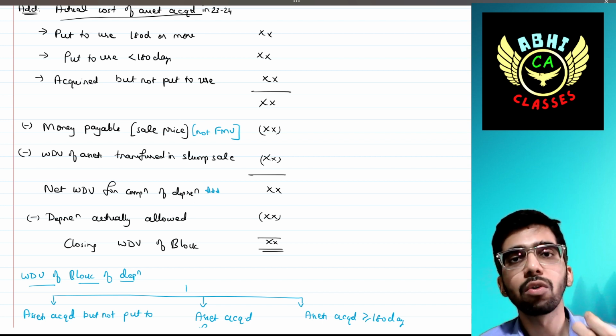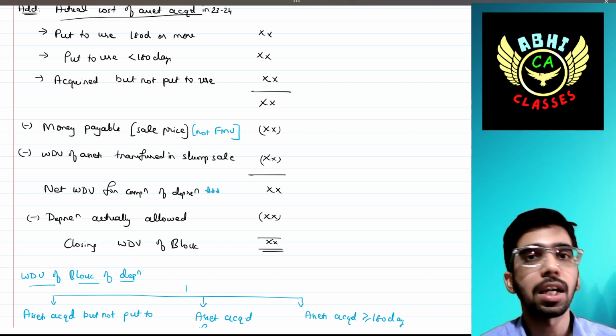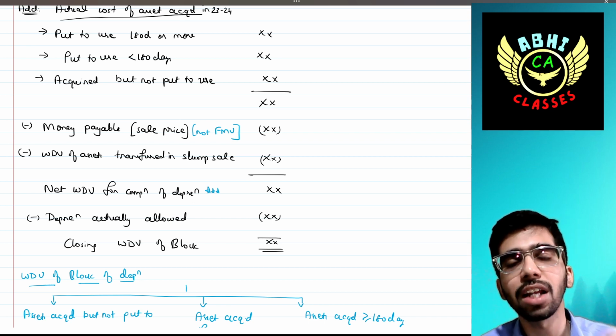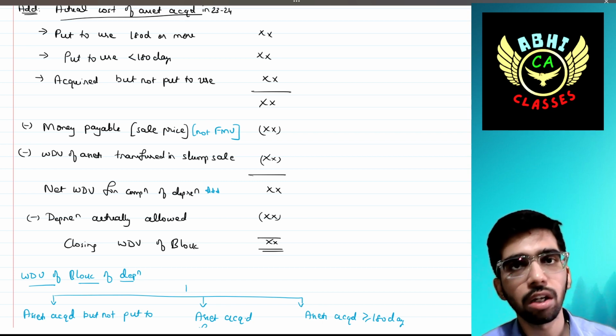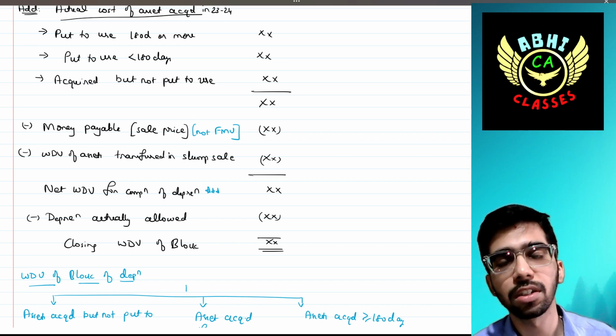After that, we have to deduct the depreciation as per the Income Tax Act, to arrive at the final closing WDV of the block of the assets, which will appear in the balance sheet of the taxation business.